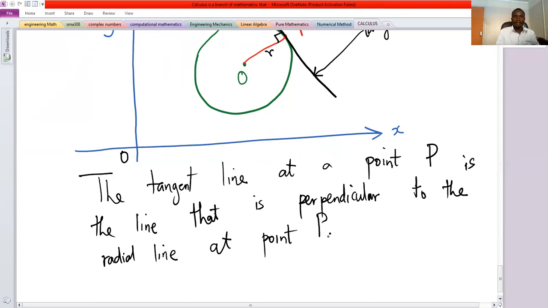A line that is perpendicular to the radial line or the radius of the circle at point P.